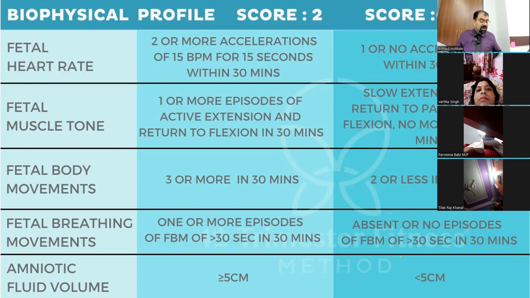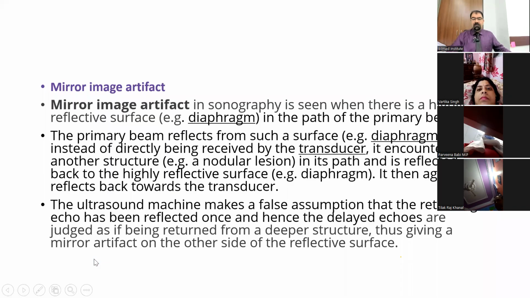Next question from Dr. Jagdevi is the concept of mirror imaging and edge shadowing. Now see. First of all, mirror image. Mirror image is actually an artifact. Where will I be seeing this artifact?